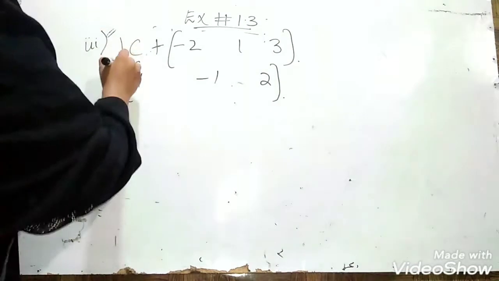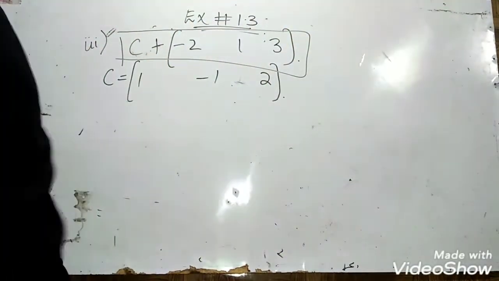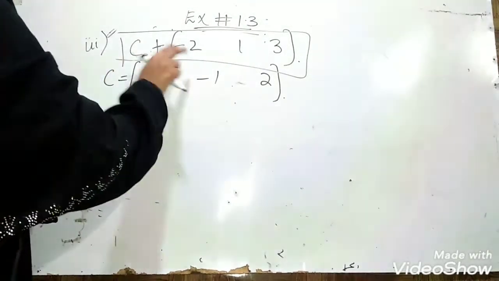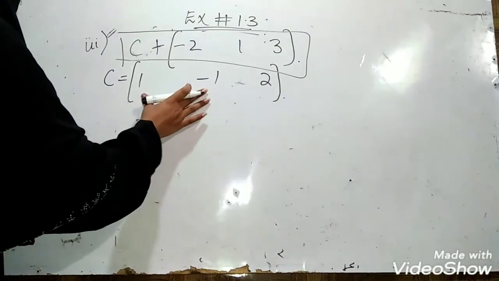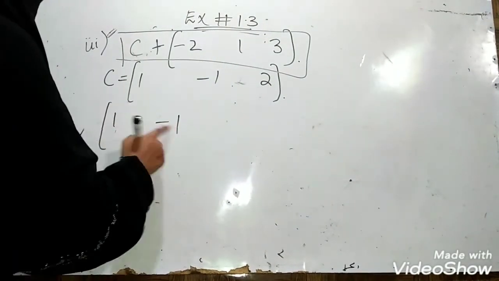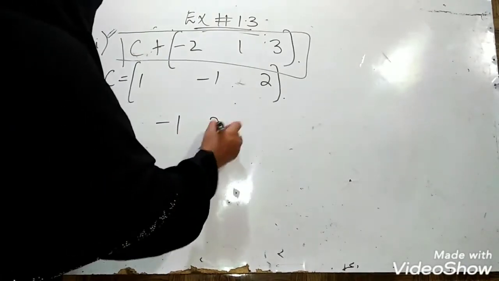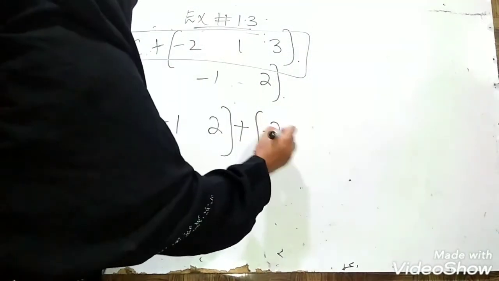Our question is C plus this matrix. Now we will add C into this matrix. As C is given, we can write here the entries of C, which are 1, -1 and 2, plus this matrix.